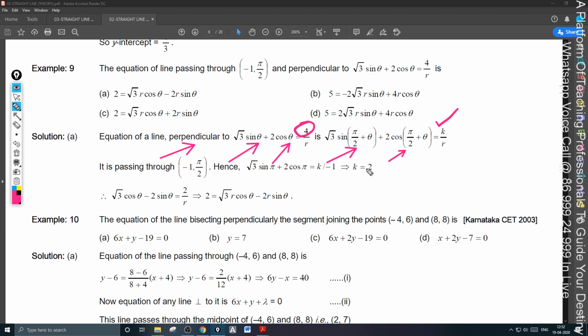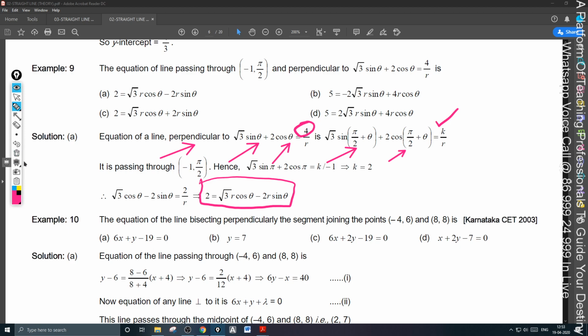So we got k as 2. Replace this k with 2. So this will become root 3 cos theta minus 2 sin theta is equal to 2 by r. So 2 is equal to root 3 r cos theta minus 2 r sin theta can also be written.